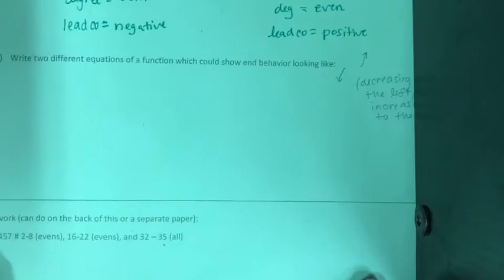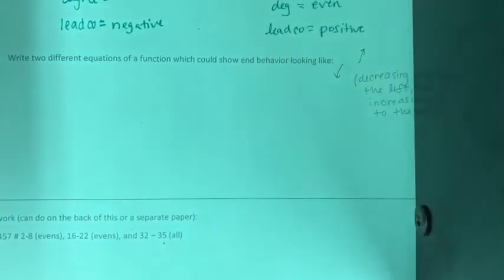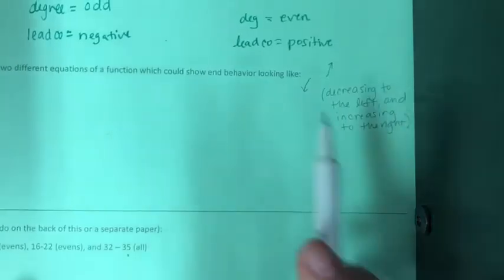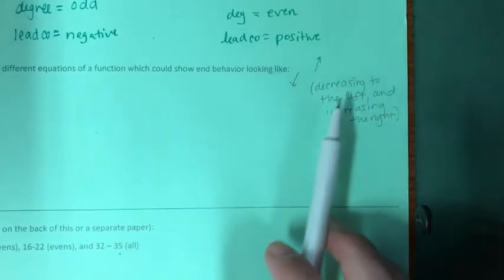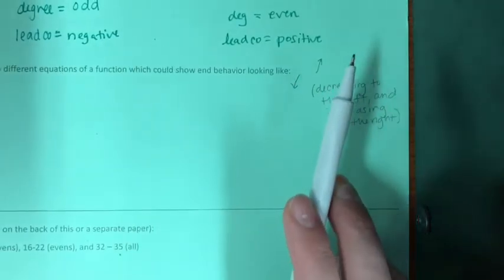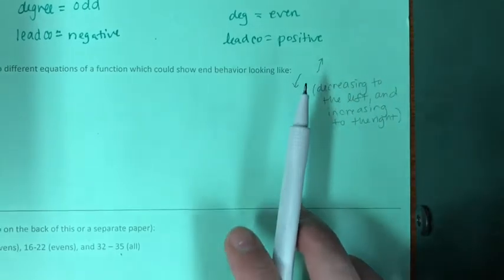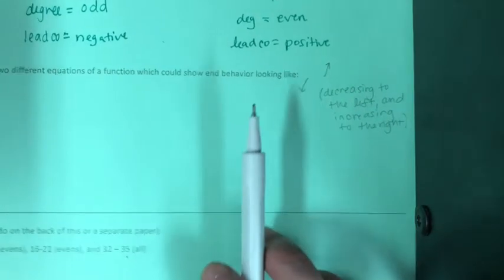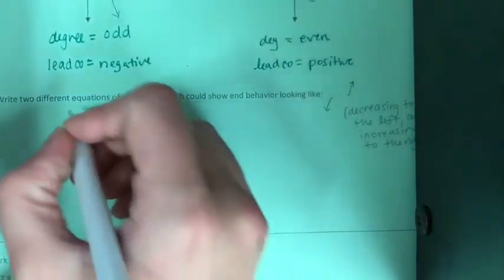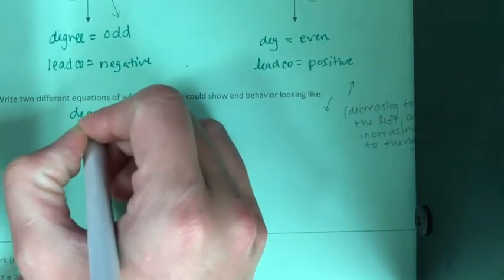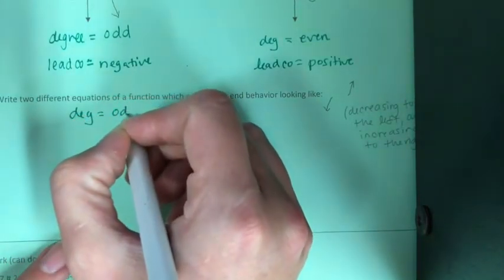And our last question, write two different equations of a function which could show end behavior looking like this. So decreasing to the left and increasing to the right. So let's see, well, they're going in opposite directions. So that tells me my degree should be odd.